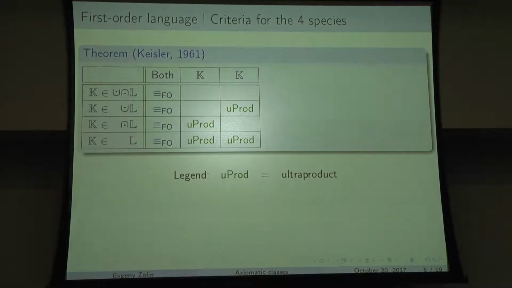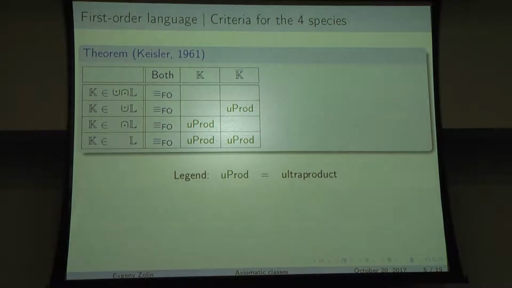Now, if we look for definability criteria for all four kinds of classes, then we obtain a rather symmetric table, with all four possible combinations of empty cell and ultraproduct.